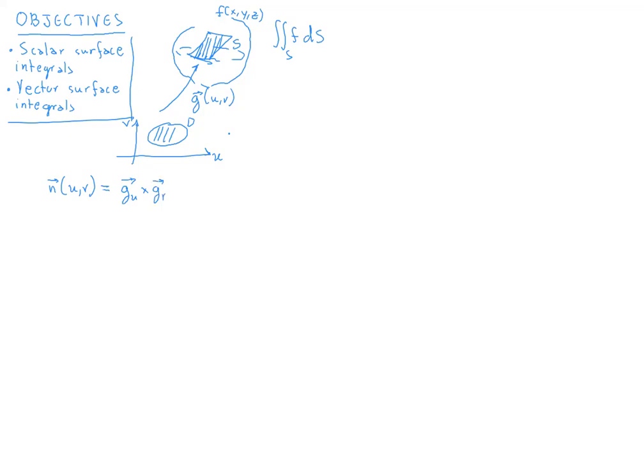Actually, it might be a good idea to describe this in a more concrete way. So this function G of UV will look like this. So it will have 3 components.